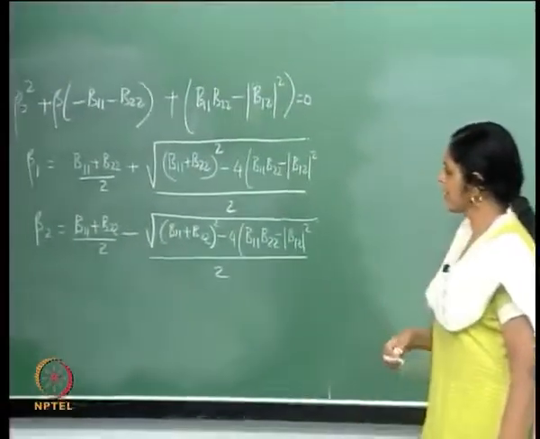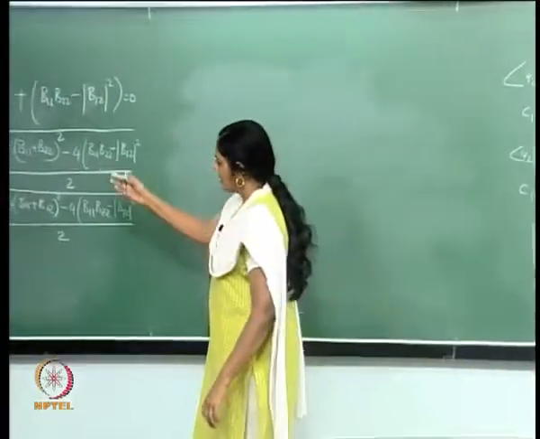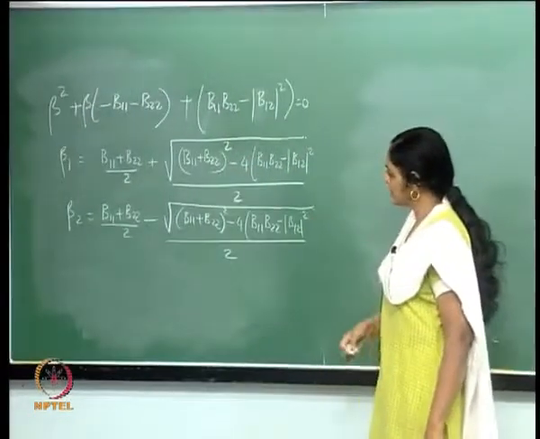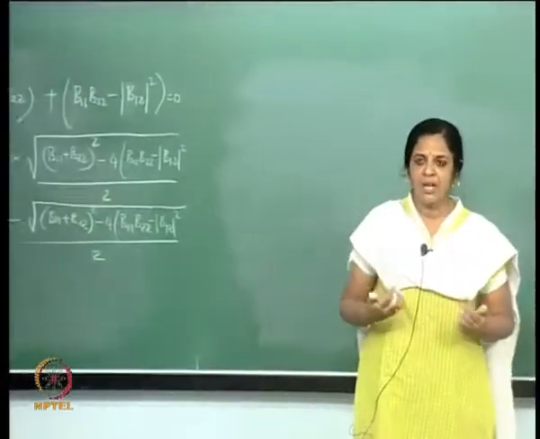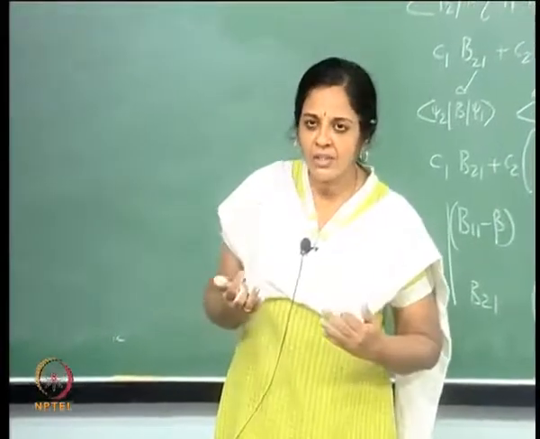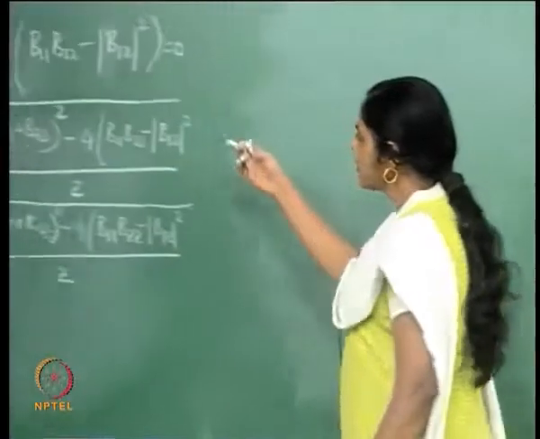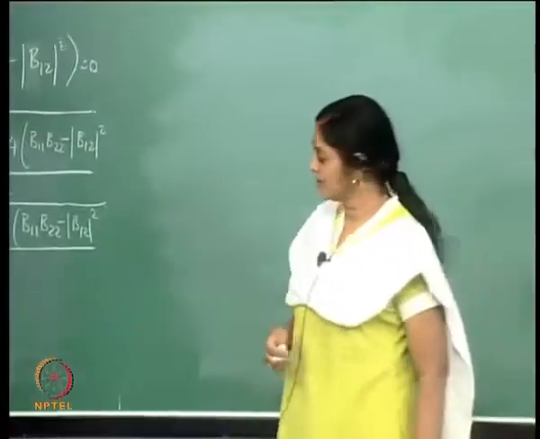Now I have a situation where I have two roots beta 1 and beta 2, and I demand that B psi is beta psi, that psi is a common eigenstate of A and B. Is it possible to have these two roots equal? Yes, it is possible.